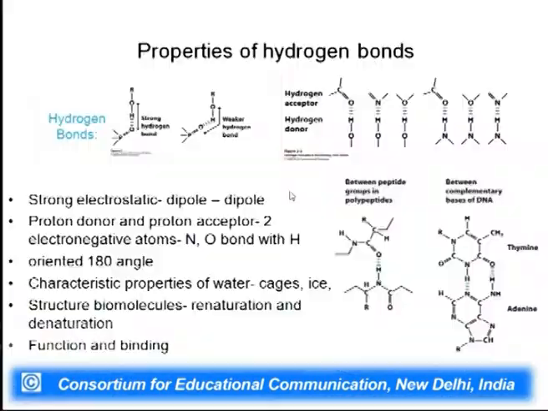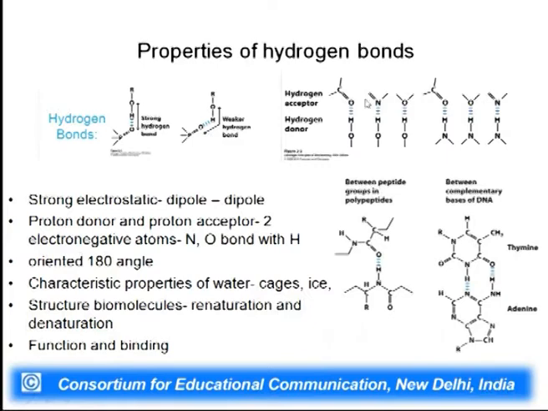So, some of the examples of properties of hydrogen bonds we can see here is that you will find a stronger hydrogen bond if the angles are around 180 to 135, and you will have weaker hydrogen bonds if you decrease the angle.